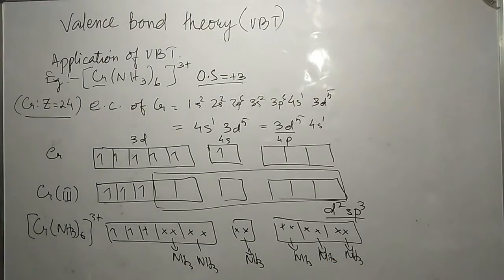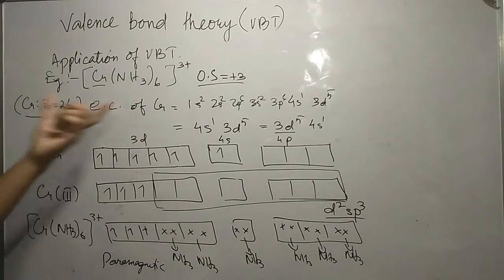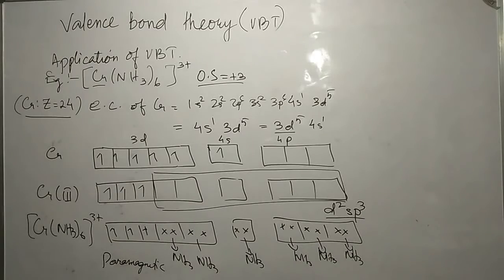Now, since there are 3 unpaired electrons in the 3d orbital, the magnetic property is paramagnetic. Paramagnetic means if there are any unpaired electrons, that complex will behave as paramagnetic. And since it forms 6 hybrid orbitals of d2sp3, the geometry is octahedral.